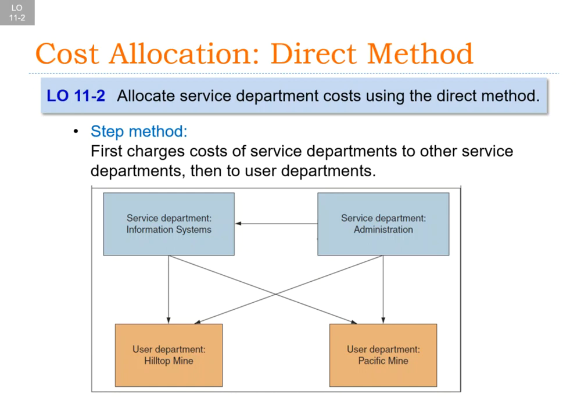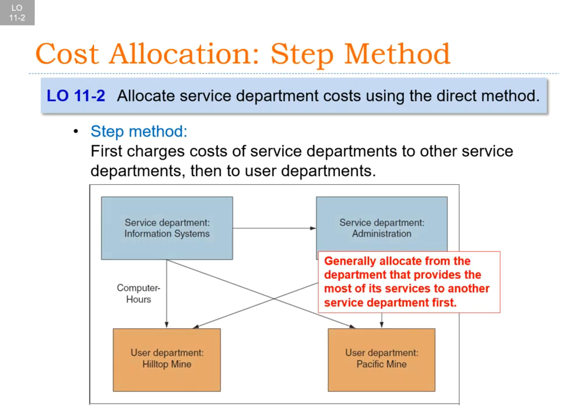Once we've allocated costs from the admin department into information systems, information systems will have both direct and indirect costs, and we allocate those out to the end-user departments. Alternatively, we could have allocated costs first from information systems into the admin department and then to the end-user departments. Generally, we allocate costs first from the department that provides most of its services to another department.